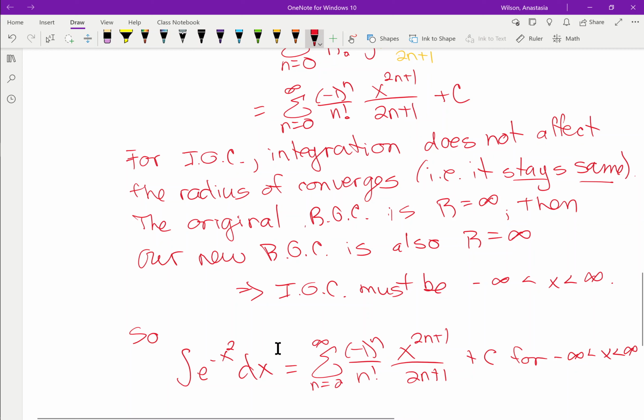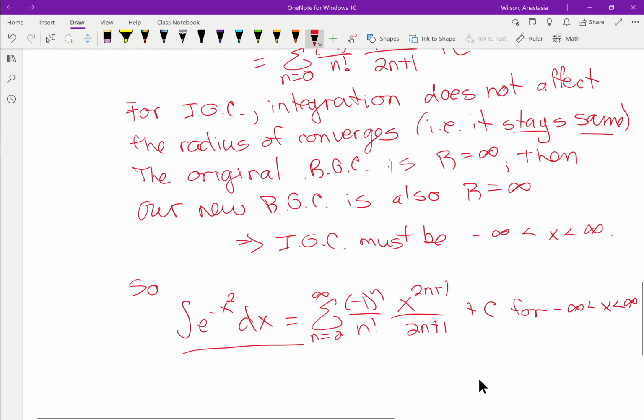Notice in this case, we are not going to be able to figure out what our constant of integration is here, because we don't have an actual function here. So we can't plug in a specific x value to get what that c is. But we can just leave it like this for our final answer. I'm sorry, that should be a 0. Didn't really look like that. So here is our final answer for part B of this example.